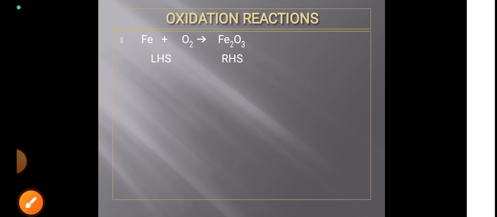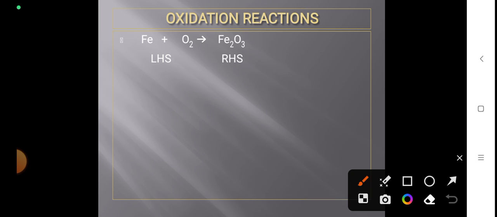Similarly, let us take one more example. Iron reacting with oxygen to give rise to Fe2O3, ferric oxide. Now here again, coming to the balancing of the equation, I have already explained balancing in the previous videos. So here again we can look at the oxygen.